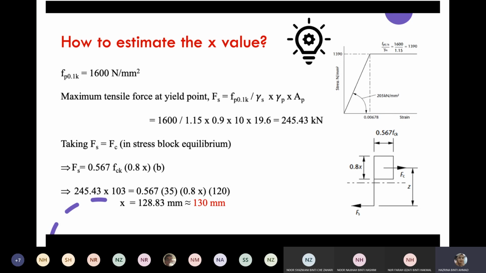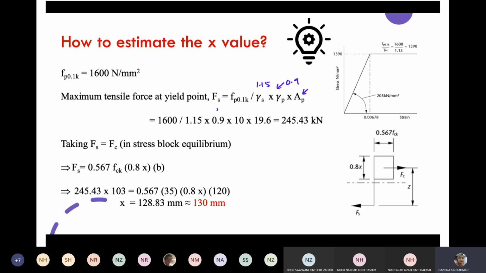It equals fp, the proof stress, divided by the partial factor of safety for steel, which is this one, then multiplied by gamma p, the partial factor of safety for the pre-stress force. So this value here is 1.15, and here is 0.9.